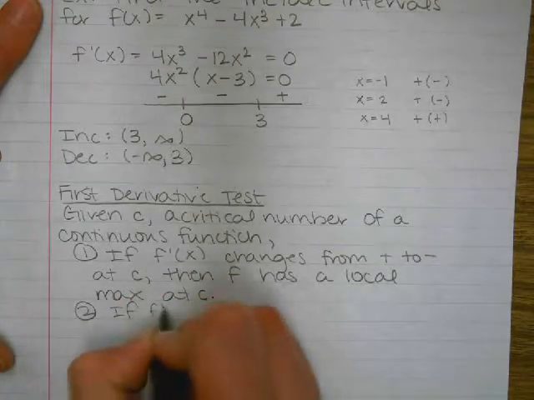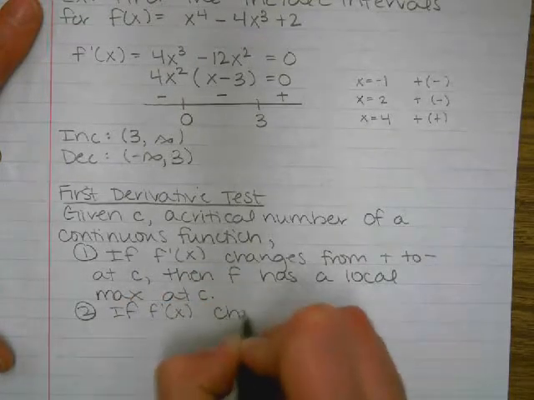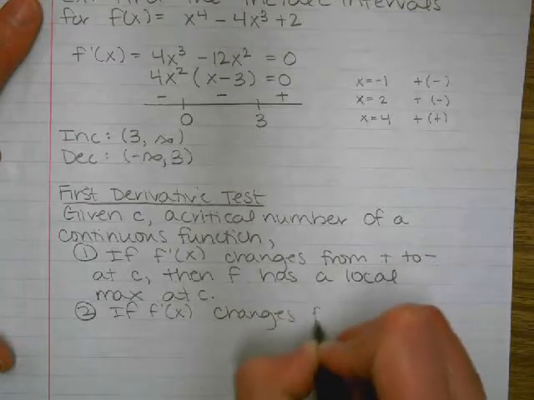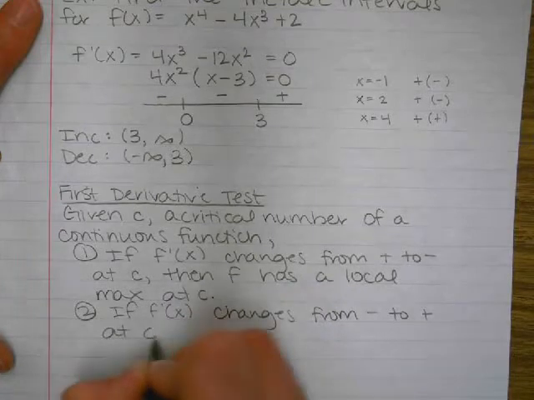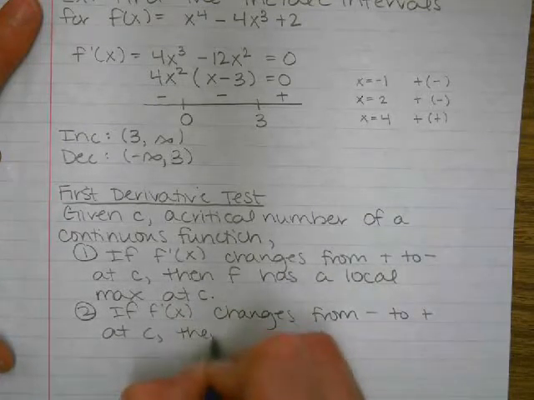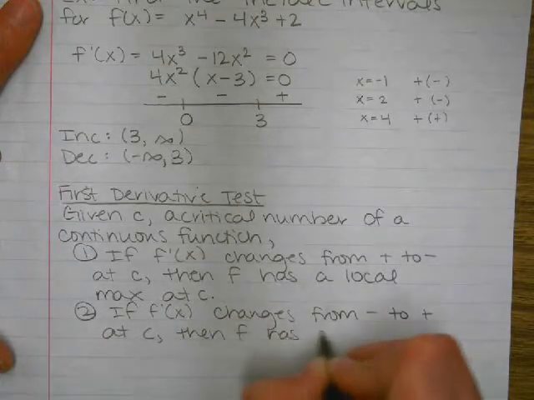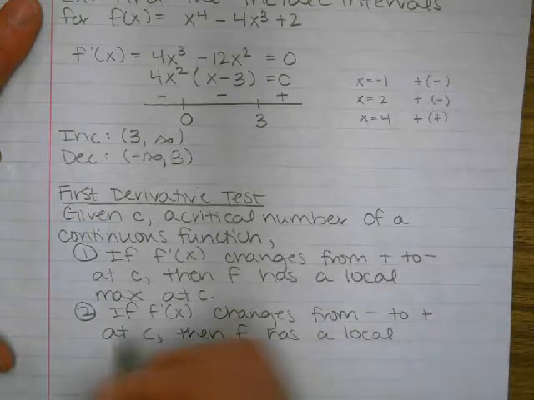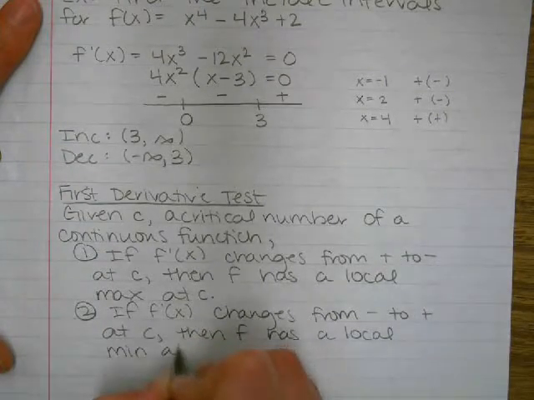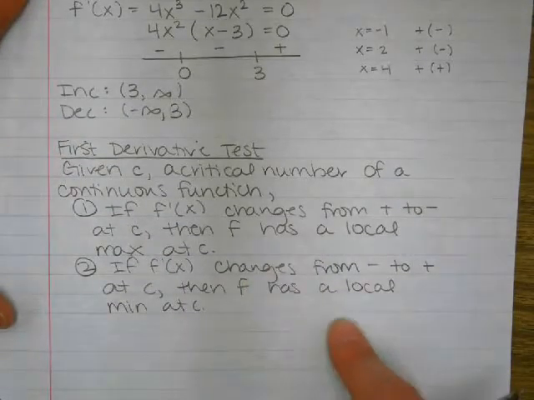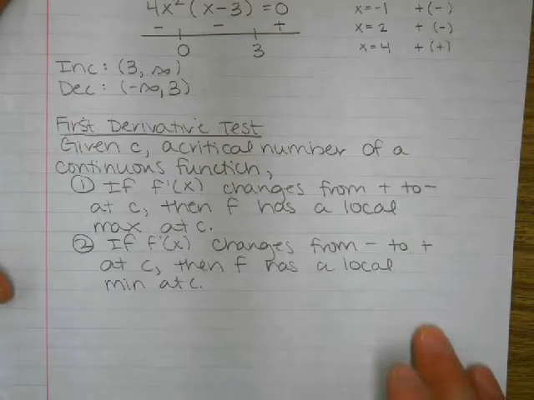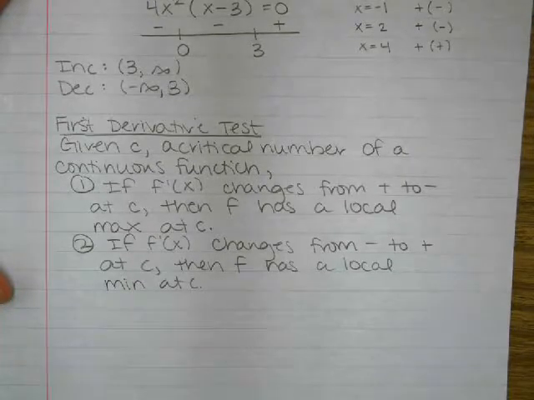If the derivative changes from negative to positive at the critical number, then f has a local minimum at C. So if the graph is going down and then switches to going up, that's where a minimum would be located, is that C value that made it switch.